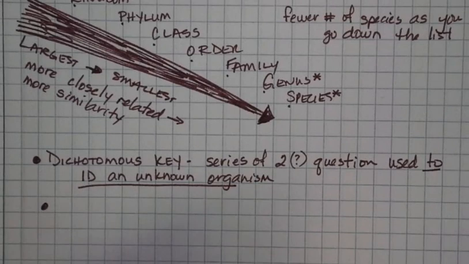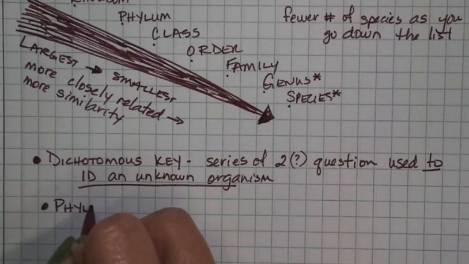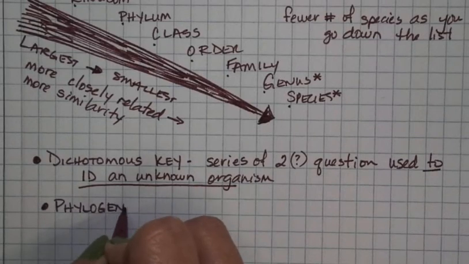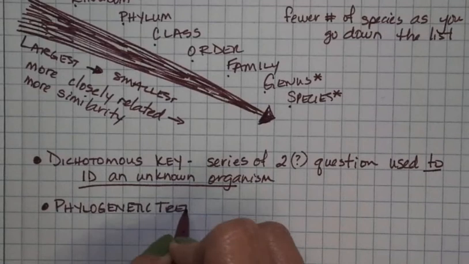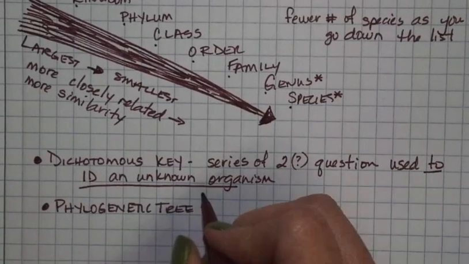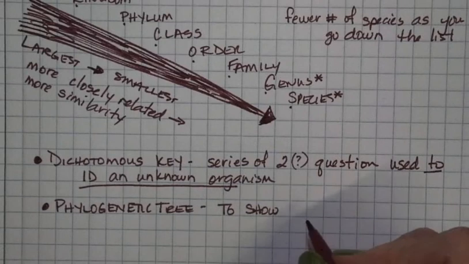See, there's another ugly word. Phylogenetic tree. We use this to show relationships. So it's not just what's the name of the organism, it's also, how is that one related to the others that are here?